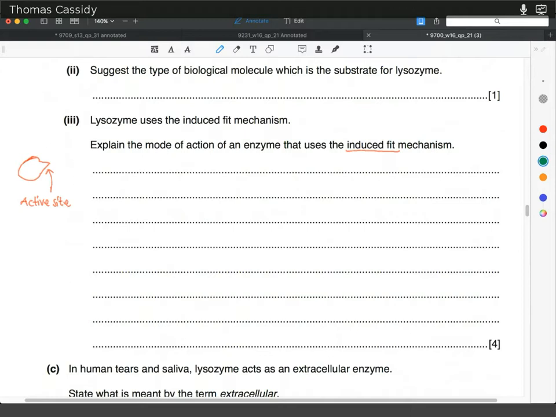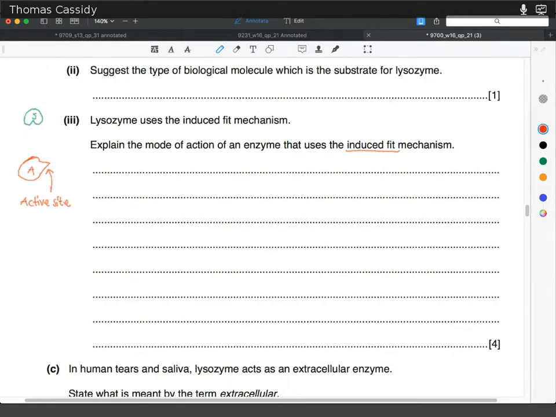Our substrate is going to be whatever shape with an active site which will complement the sort of puzzle piece on this enzyme. Now, the induced fit theory says that the active site on the enzyme doesn't quite exactly match what we've got on the substrate. I'll put an S there for substrate so we don't get confused.